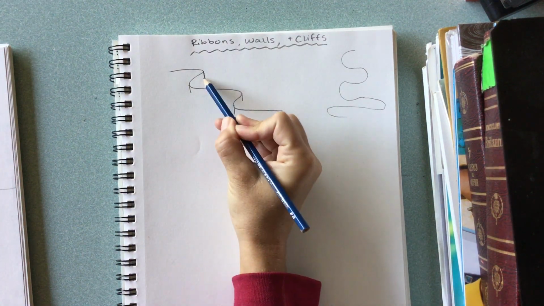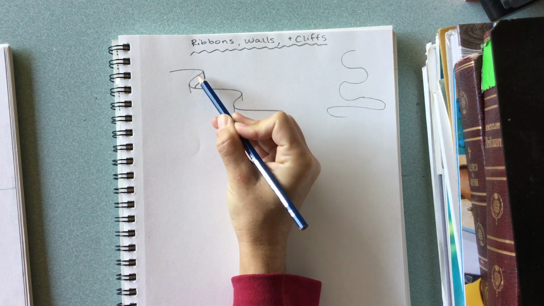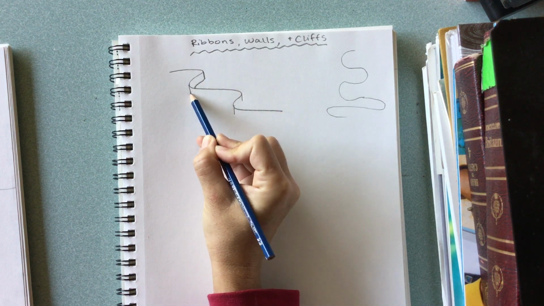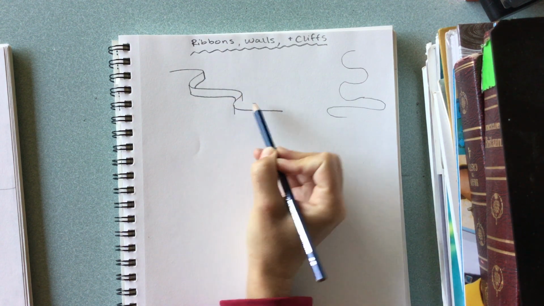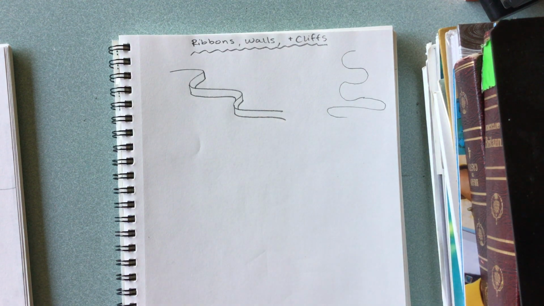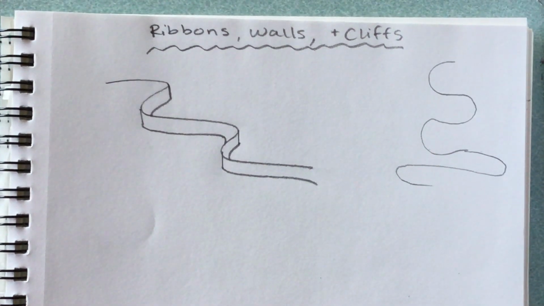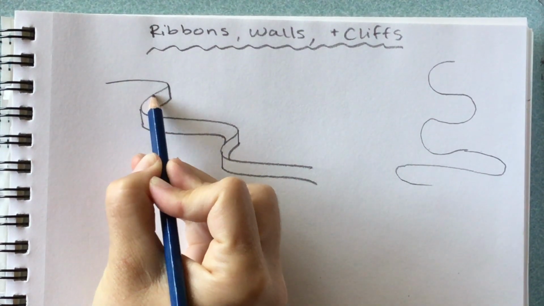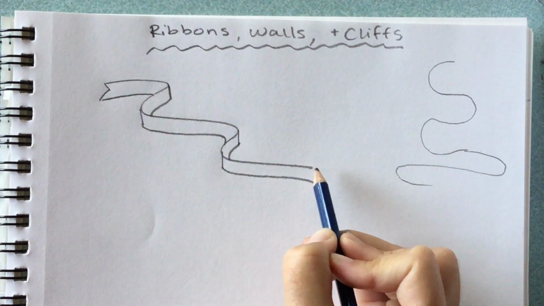Then from the bottom of each edge, you're going to draw a line that's the same curve as the parallel line next to it. So if this one is curving, so does that one. So it has a similar curve. And you can see it's starting to look ribbon-like. And then at the edge here, I'm going to add one more parallel line, and then I can make my end look ribbon-like if I want to.